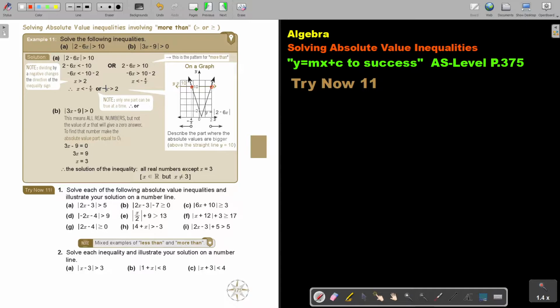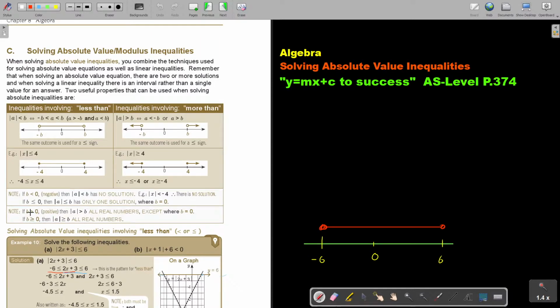Okay, so the next one, if I say bigger than 0. I think I have to take you first back to this. If I say that the value of b was bigger than 0, it's all real numbers except where it's 0. Keep that in mind. It's almost like if you have a number line, it's bigger, but it's not that point.